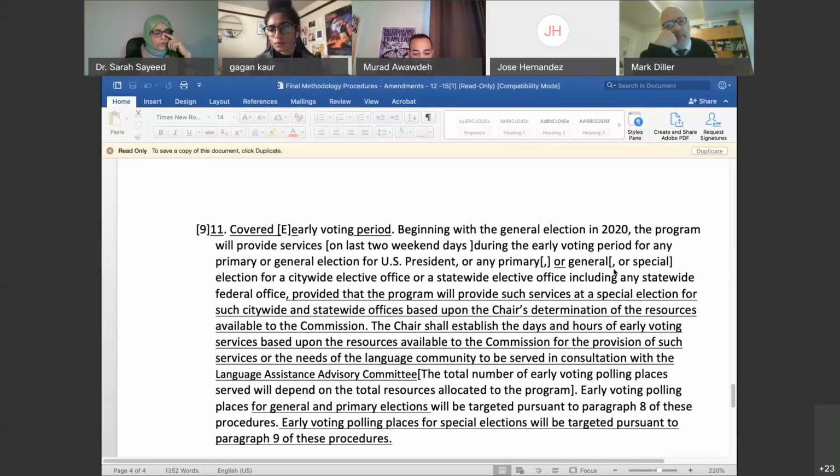That's correct. So under the current methodology, if we did provide a language in a particular geography, and that overlaps with a council district special election, we do have the discretion to service that particular poll site for election day in that special election geography, if that makes sense.